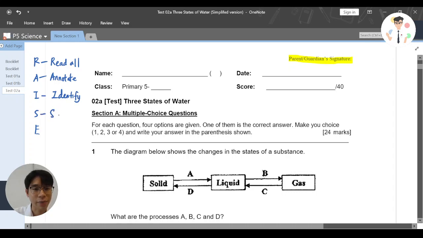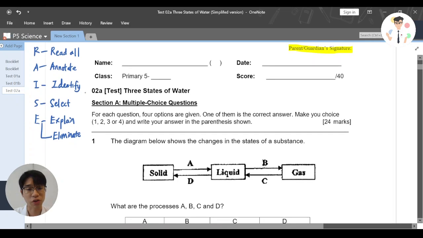S, select. You're supposed to select the best concept to explain the particular question. And E, as you know, explain, or of course, we have eliminate. Eliminate is for multiple choice questions. Explain is for your open-ended questions. Okay? So now, by knowing this, let's look at our first question.